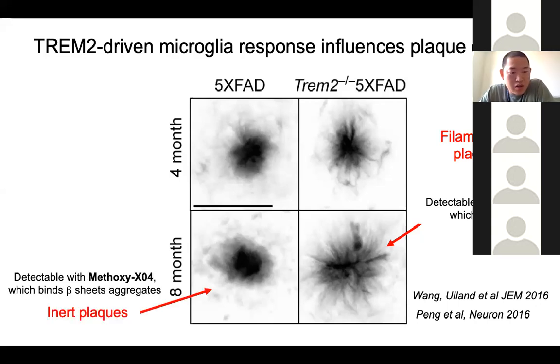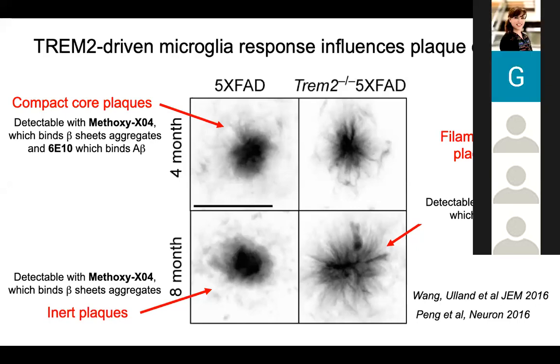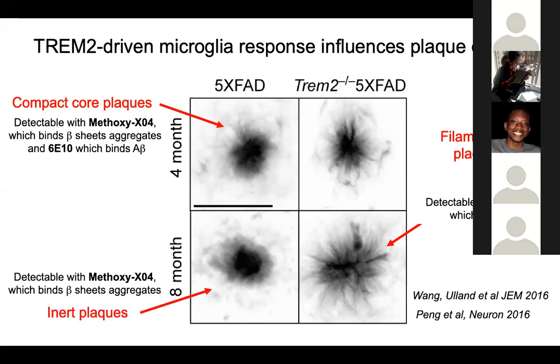Inert plaques comprise A-beta aggregates that form a compact core with no A-beta radiating into the surrounding parenchyma, which can be labeled by methoxy-X04. The compact plaques displayed 6E10-positive A-beta and compact methoxy-X04 cores.